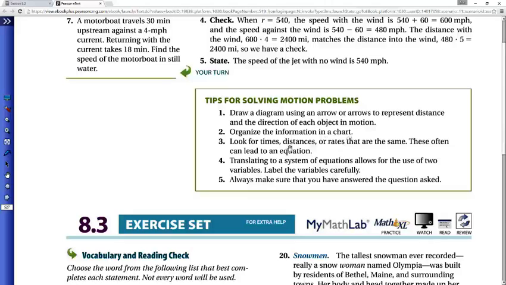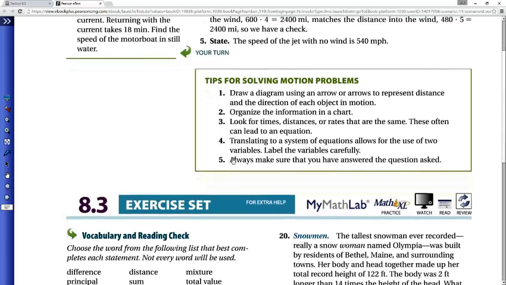We can take those formulas, especially distance equals rate times time. That'll give you the columns of that chart. You need something to represent distance, something to represent rate, and something to represent time. And then going back to the word problem, you can usually pull out the specific information it gives you, and fill it in. And what it doesn't fill in are variables.